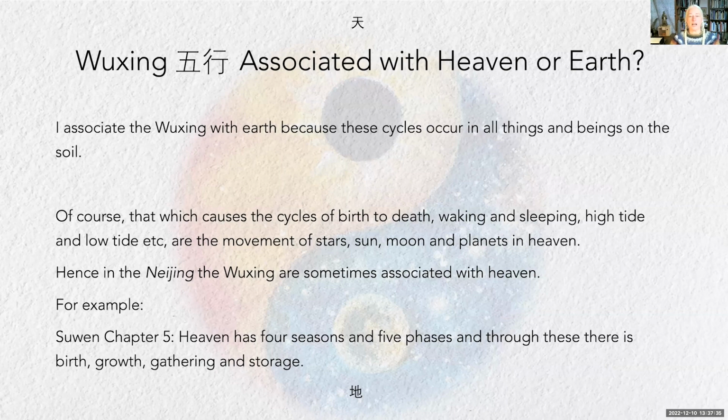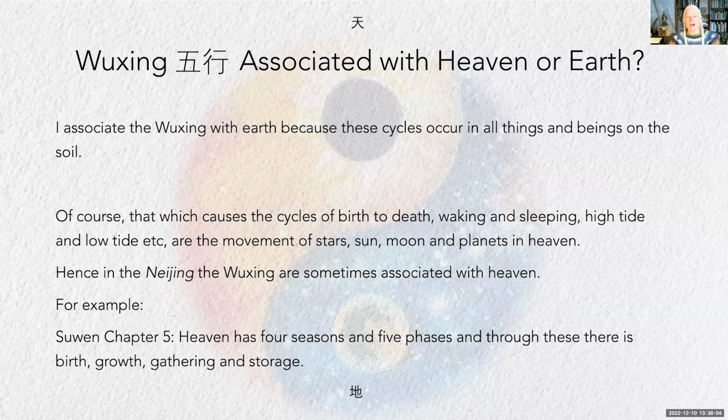These are cycles that happen on beings on the soil of the earth. Of course, the cycles themselves are created by heavenly movements, so that way they're associated with heaven. But what do these cycles affect? They affect bodies of things that are born and die.